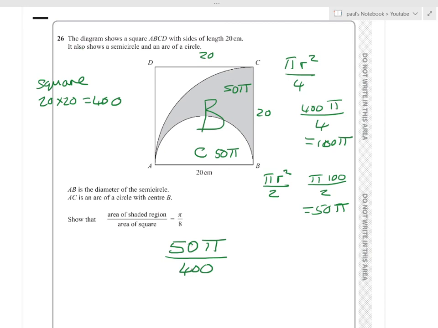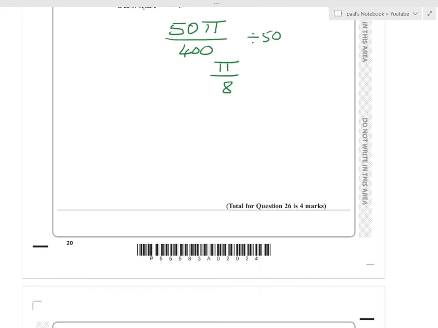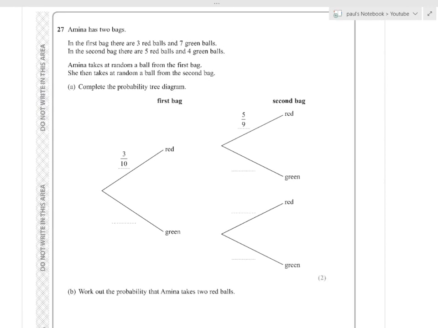Divide top and bottom by, that's where I went wrong, I was trying to divide that into that. Divide top and bottom by 50. So divide by 50, that gives you pi, and 50 into 400 gives you 8. So pi over 8. Hey, nearly there first time.